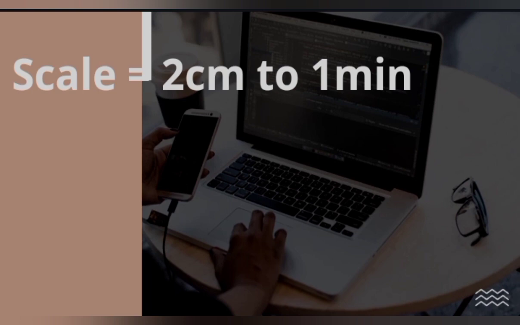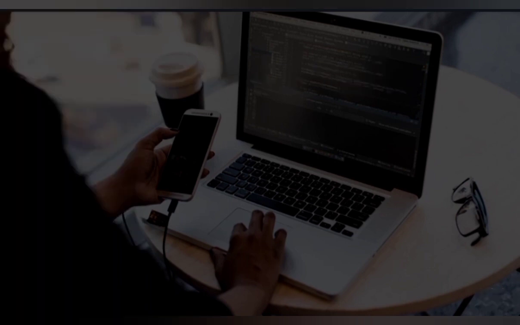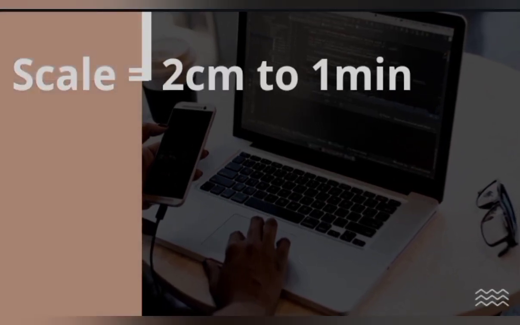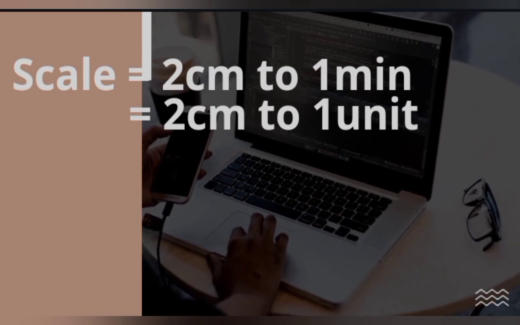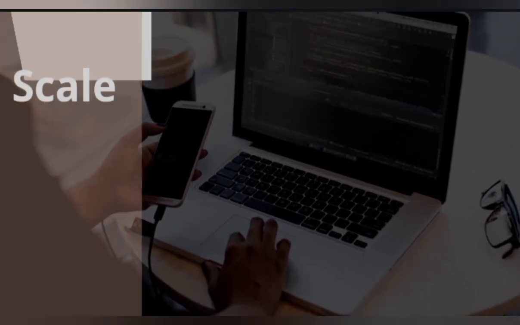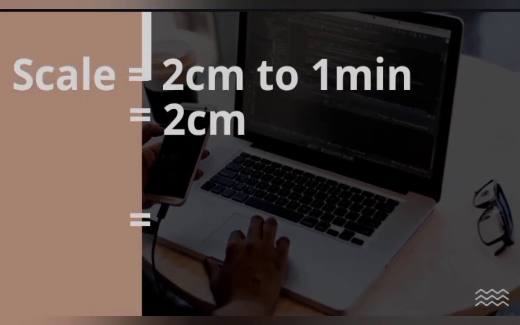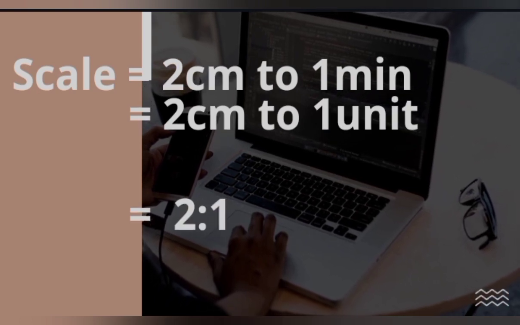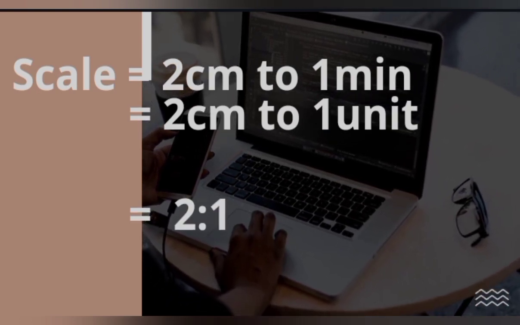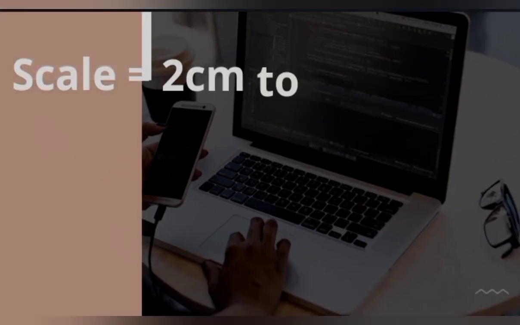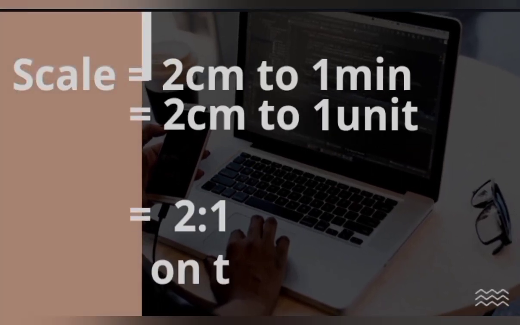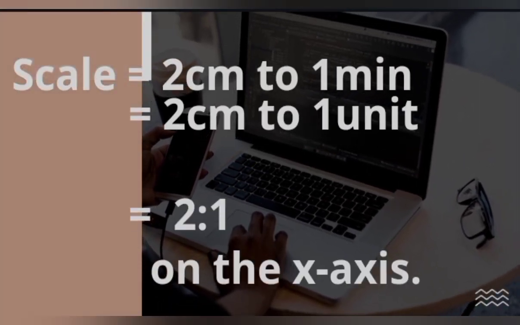So 2 centimeters will represent 1 minute. And how do we write that in mathematics as a scale? We say 2 centimeters to 1 minute, or 2 centimeters to 1 unit, or we can simply put it as a ratio, 2:1. And this, like I said, is the scale only on the x-axis.